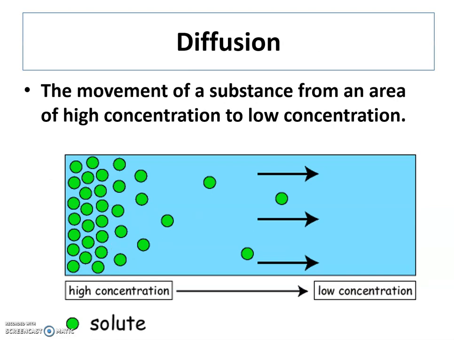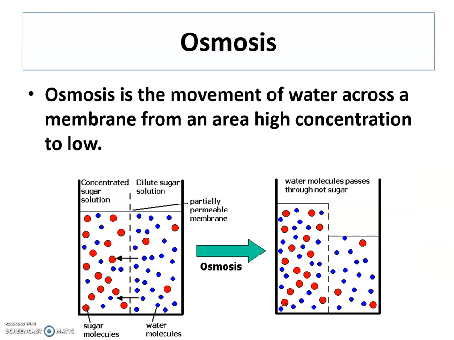Diffusion is anything that goes from a high concentration to a low concentration. This is the food coloring example, where I can put a drop of food coloring in a cup of water and it will naturally spread out without having to be shaken or stirred at all. Osmosis is a more specific definition.